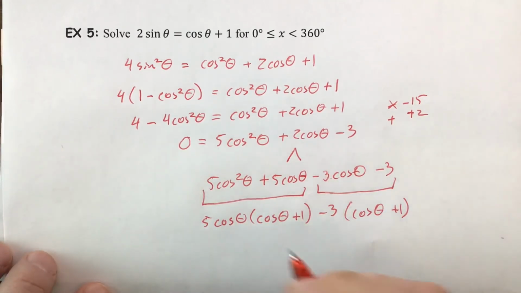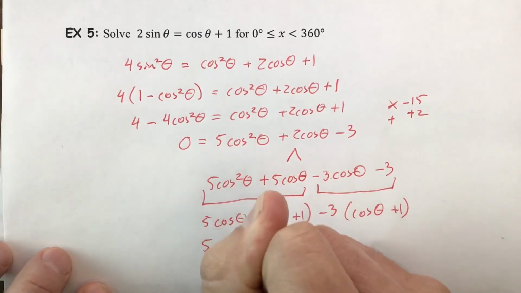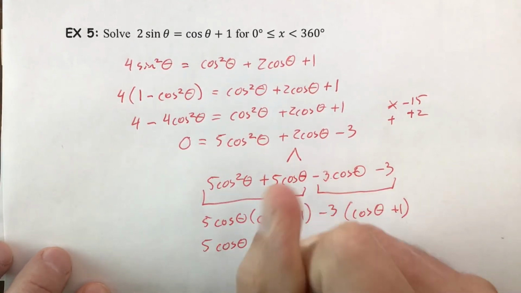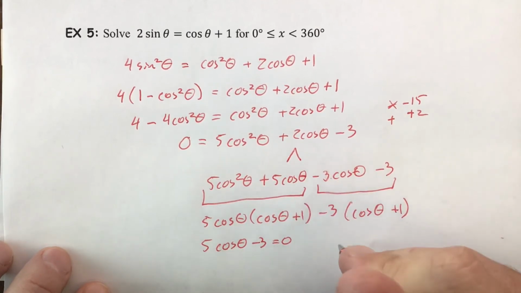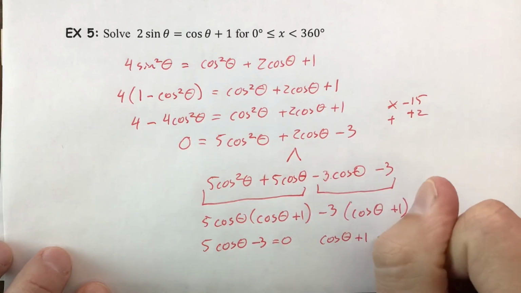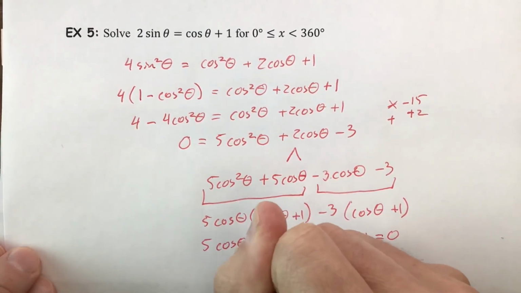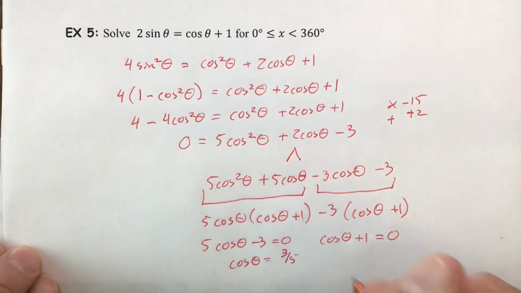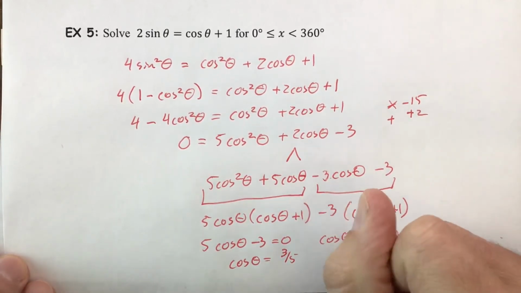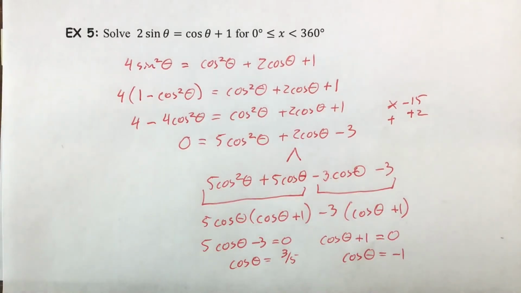All this is set equal to 0, remember. So we've got 5 cosine theta minus 3 is equal to 0, and we've also got cosine theta plus 1 equal to 0. Here, that changes into cosine theta is equal to 3/5, and cosine theta is equal to negative 1.